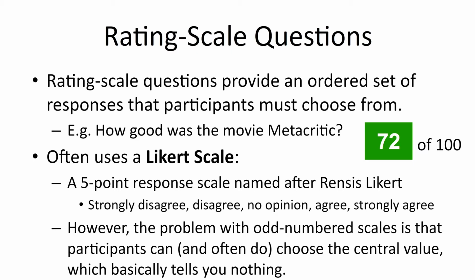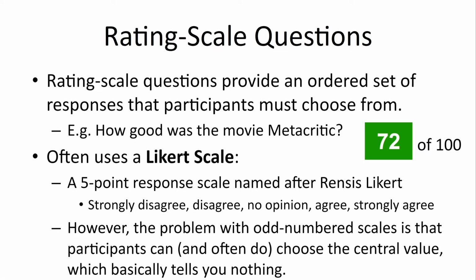Now, the most popular rating scale format is called the Likert scale. This includes 5 points of responding, and it's named after an individual by the name of Rensis Likert. So those 5 answer options are strongly disagree, disagree, no opinion, agree, and strongly agree.